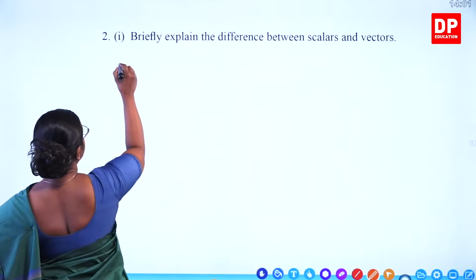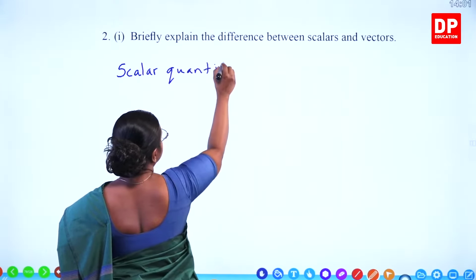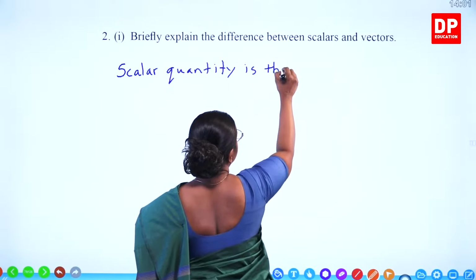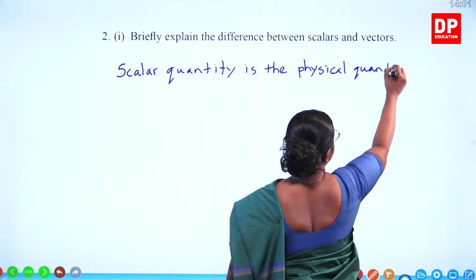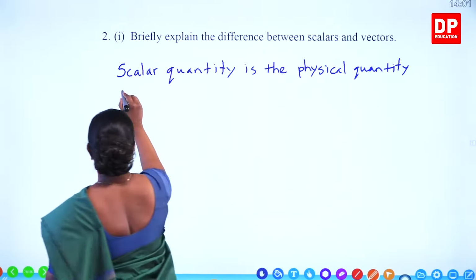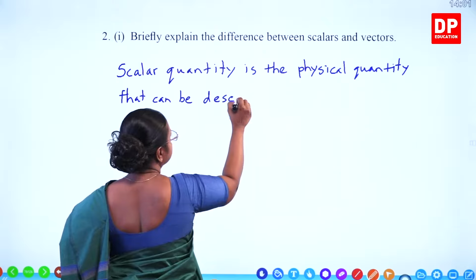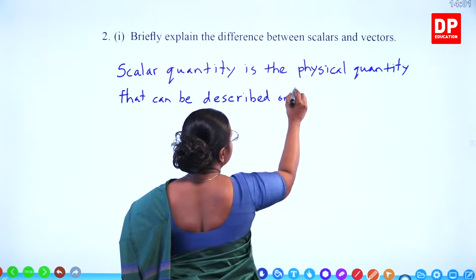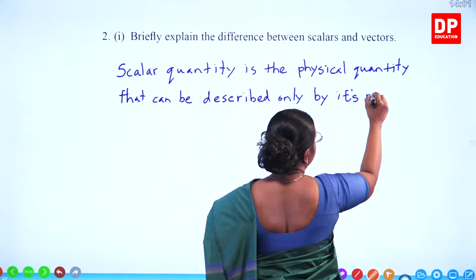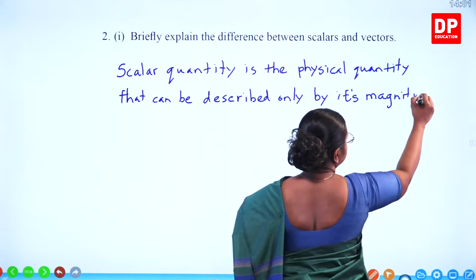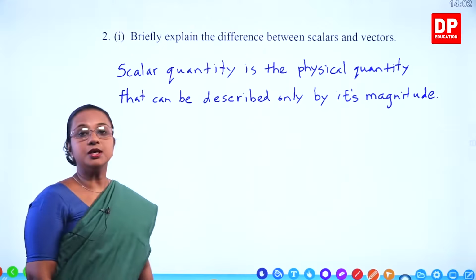So, if we write the definition, a scalar quantity is the physical quantity that can be described only by its magnitude.